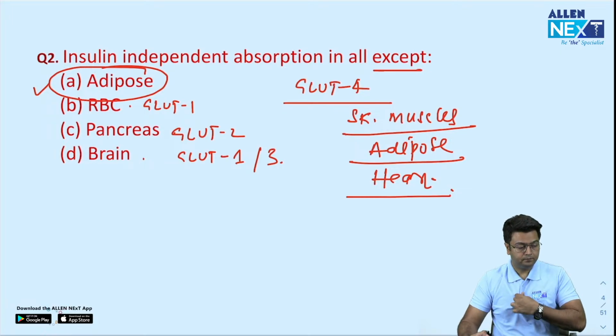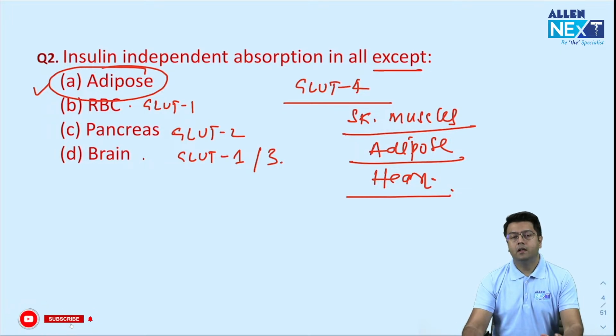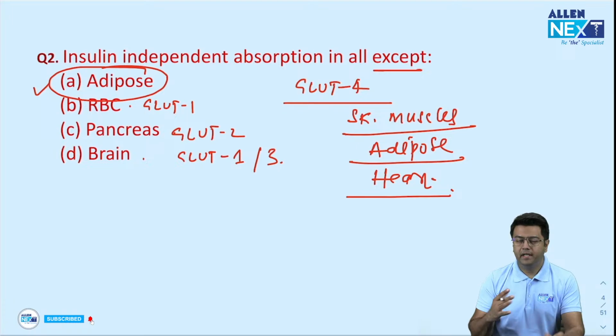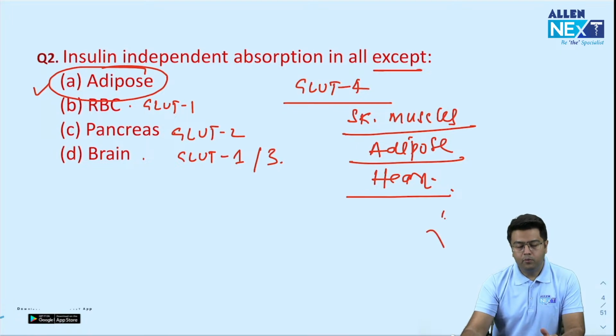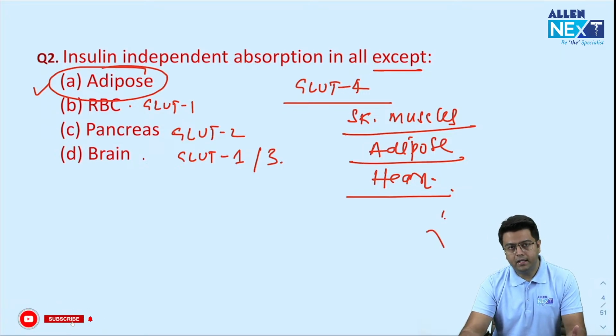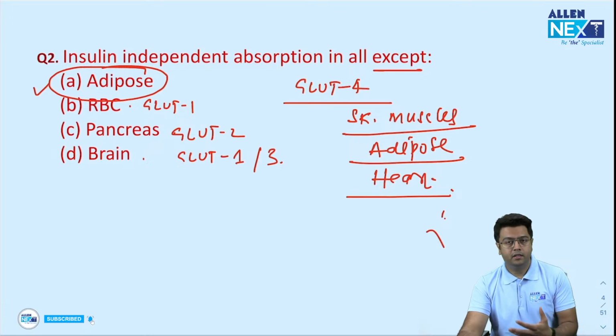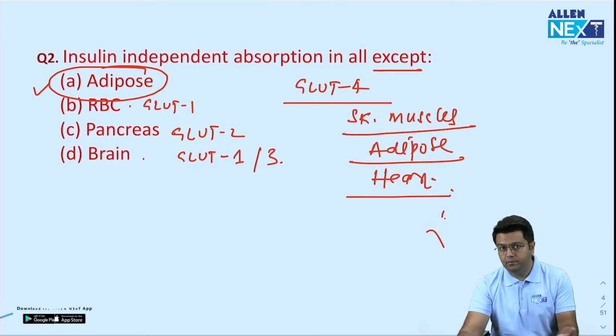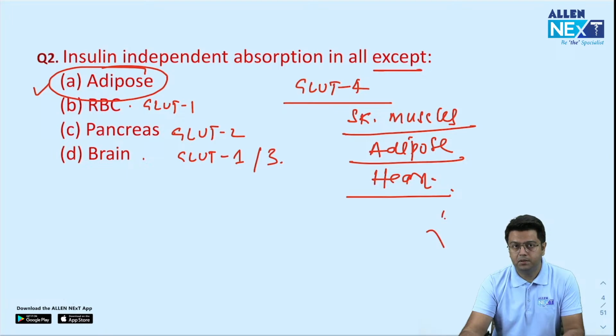Okay. Now the heart cells, they rarely use glucose. I mean to say they are mostly dependent on the fatty acids 70 to 80% of the time, but they can use glucose 25 to 30%, especially in cases like ischemia, right?